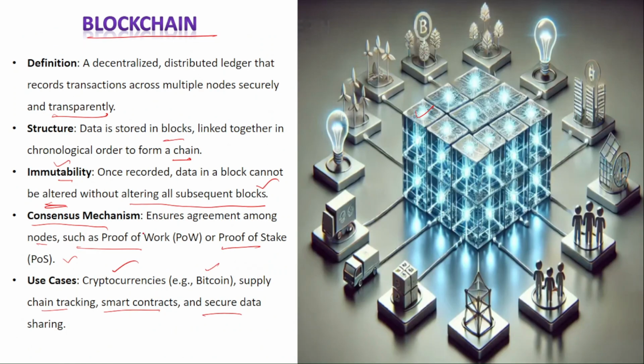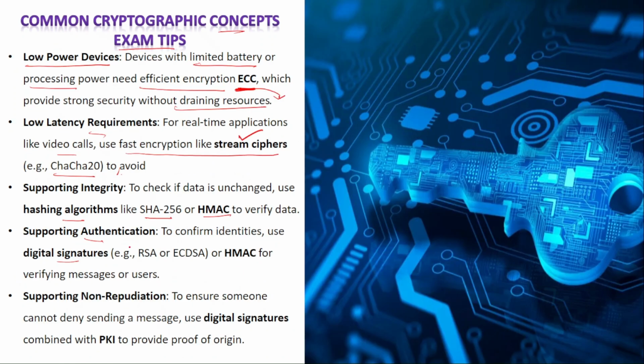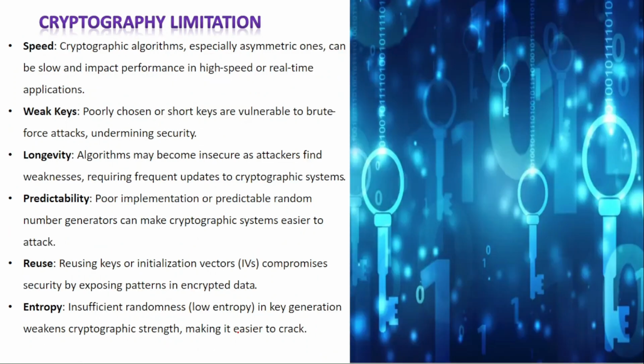In case of Alice and Bob, digital signature can be used to confirm the identities, or HMAC for verifying messages or users. Supporting non-repudiation. To ensure someone cannot deny sending a message, again, use digital signatures combined with PKI to provide proof of origin.